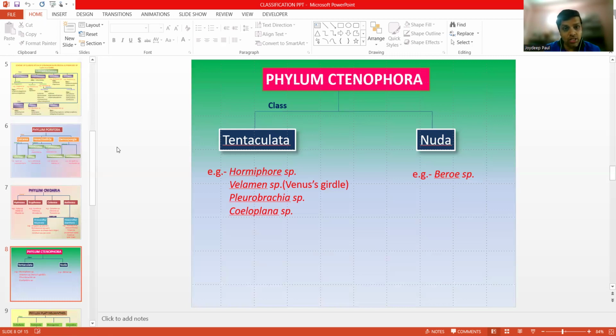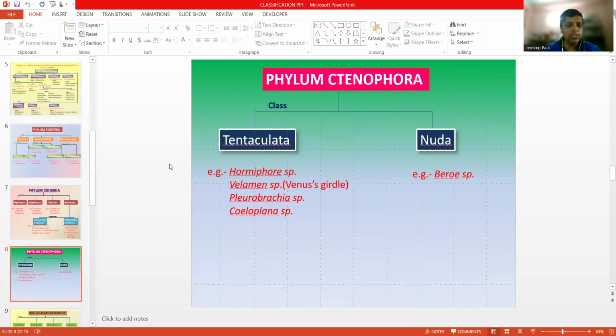Example, Hormiphora species. Second class is Nuda: no tentacles and oral lobes, body large, conical and laterally compressed, mouth large, and the stomach is very big. Example, Beroe species. So let us stop at this point in this session.